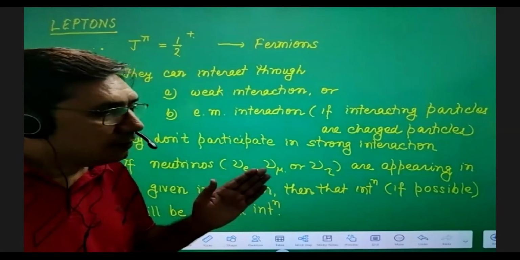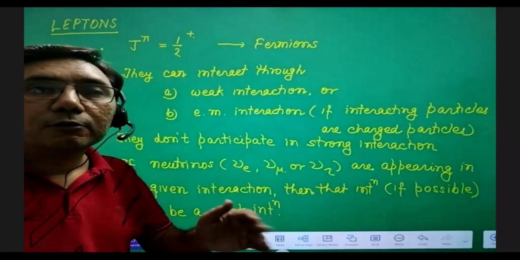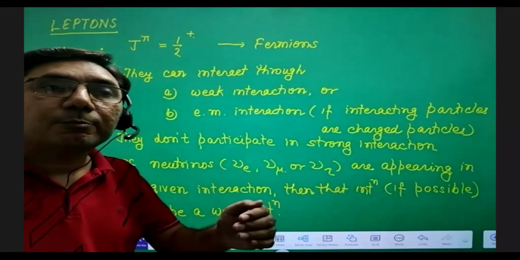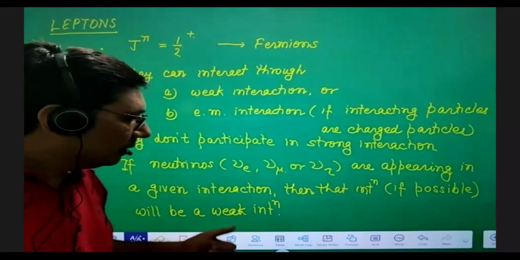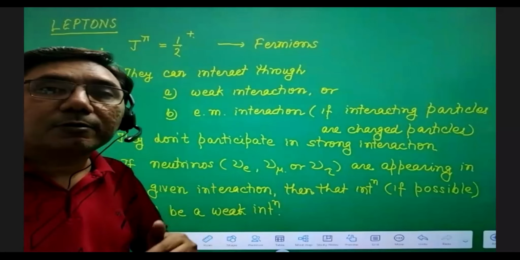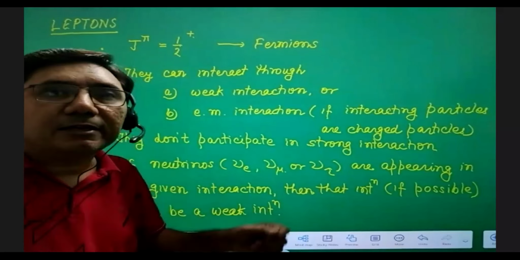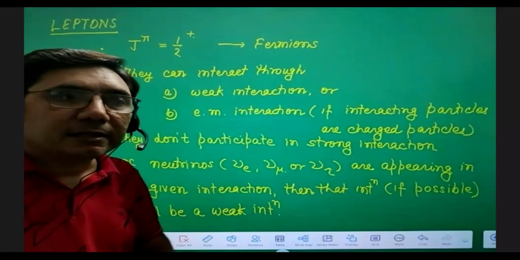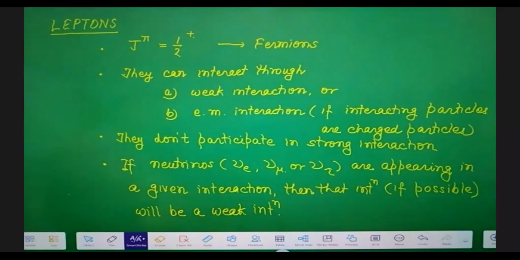So if that interaction is possible, it will be possible only through an interaction in which parity is not conserved. And the only interaction of that type is weak interaction.